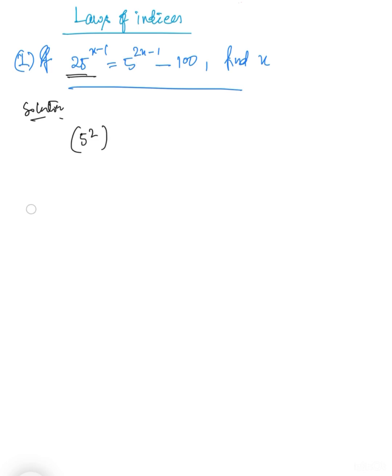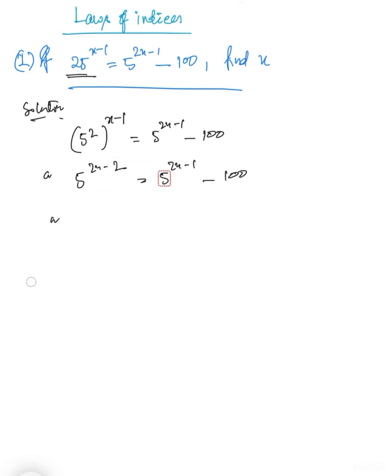25 can be written as 5 square to the power x minus 1, which was already there, equals 5 to the power 2x minus 1 minus 100. So 5 to the power 2x minus 2 multiplied by 5 to the power 2x minus 1 minus 100.